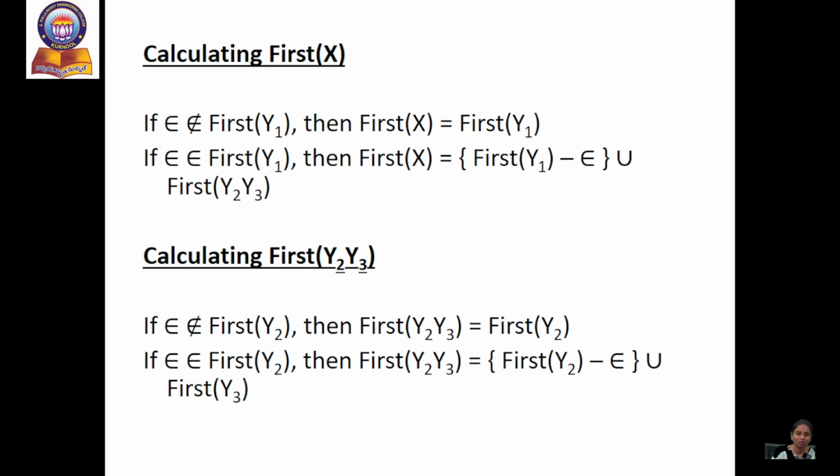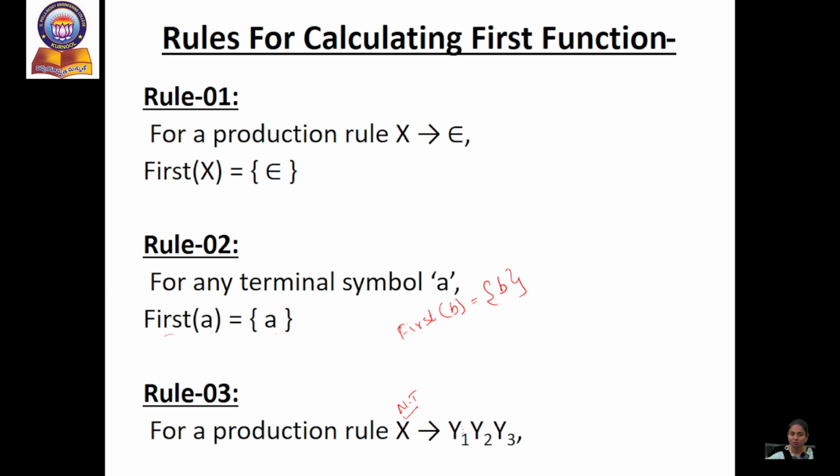So the third rule is, suppose X derives Y1 and Y2, and Y1 derives some a. Then first of X equals first of Y1 equals a. We can write it like this.